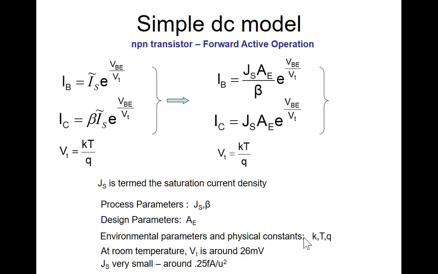Can we neglect it? Well, no, because VBE might be around 0.6 volts. 0.6 volts divided by 25 millivolts, you exponentiate a big exponent, so that gets very big. So you get large currents flowing here, because the coefficient is small but the exponentiated term is very large.